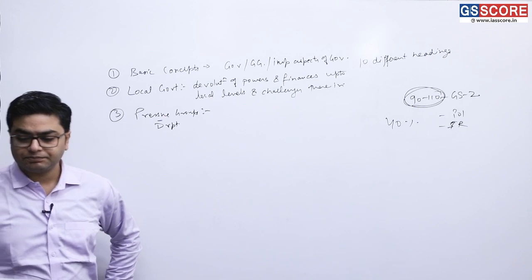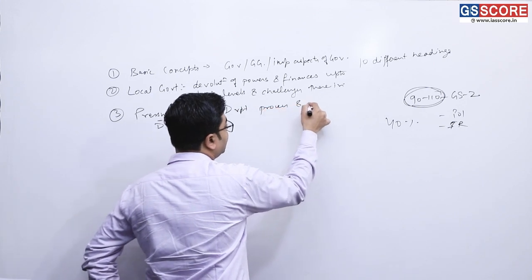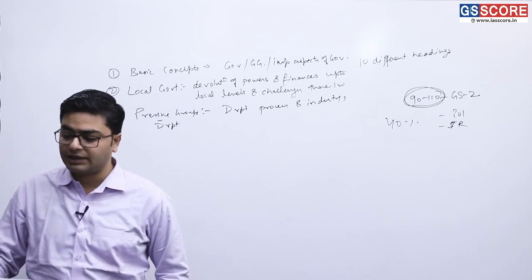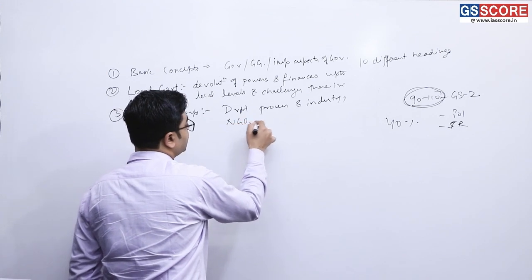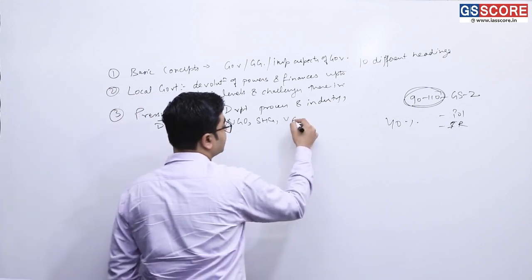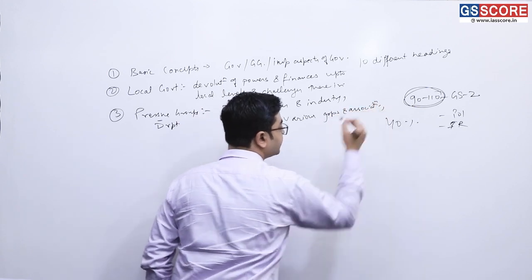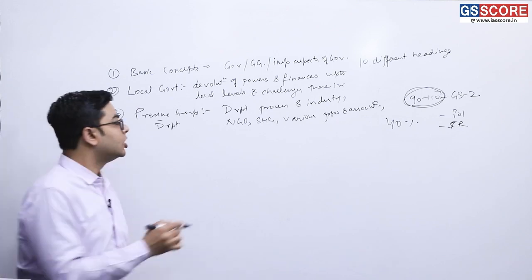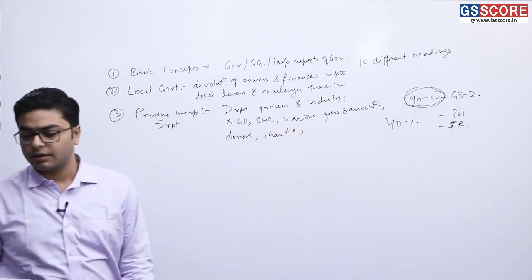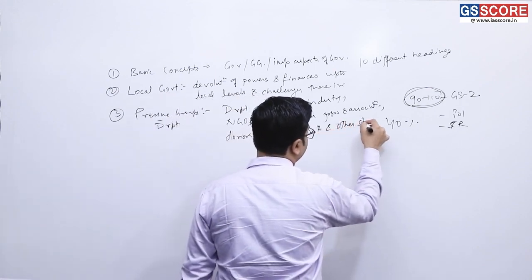It talks about the development process and industry, the role of NGOs, SHGs, various groups and associations, donors, charities, institutional and other stakeholders.